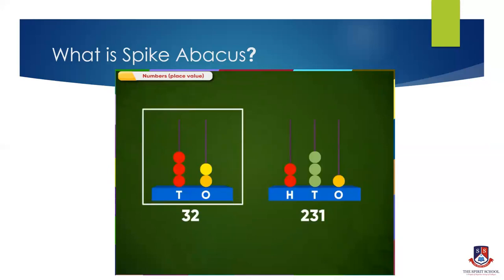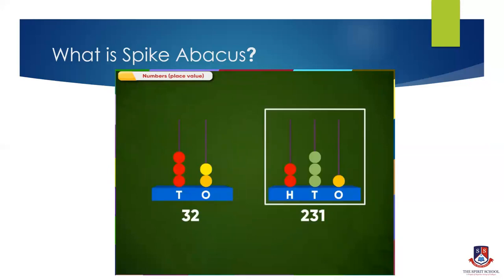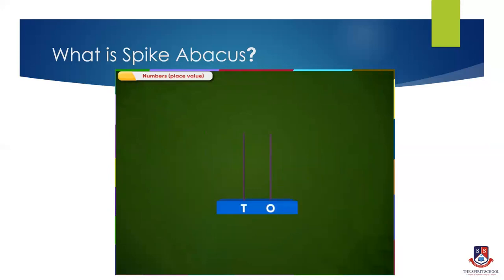To count a 3-digit number, we use a 3-spike abacus. The digits are represented using beads. In a 2-spike abacus, the spike on the right side denotes digits at ones place, and the spike which is on the left side denotes digits at tens place.